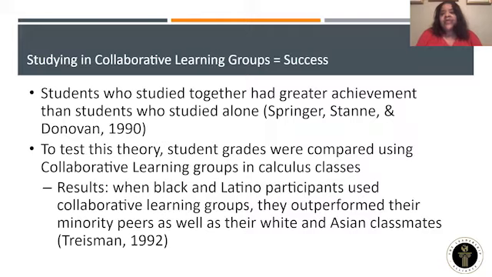And what they saw is that they actually outperformed their minority peers, as well as their white and Asian classmates. So this was just one example of how we feel that students who studied together had greater achievement than students who studied alone.